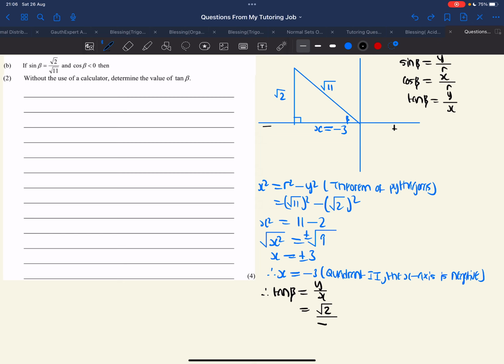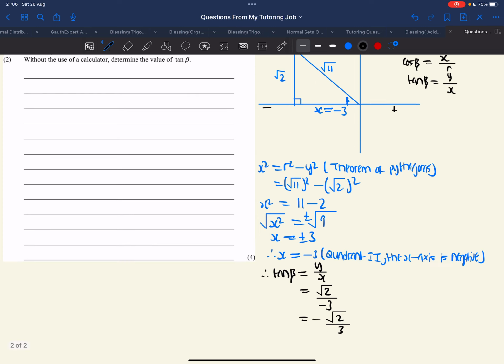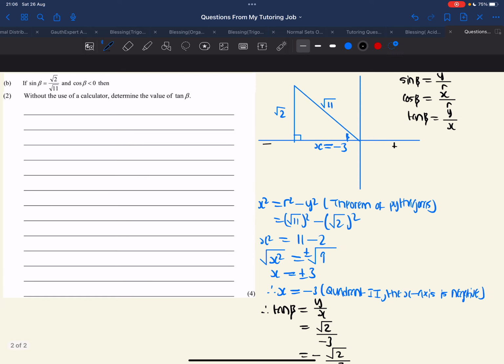So our answer in the most simplified way is minus square root 2 over 3. And that should be your answer for tan beta. Your answer should be negative square root 2 over 3. All right.